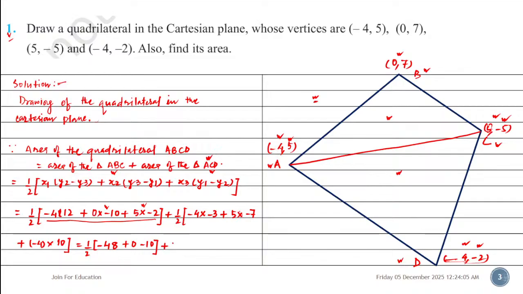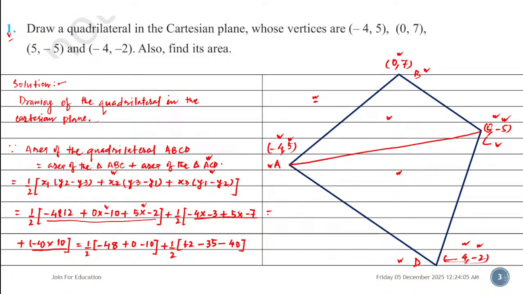Plus 1 by 2 and for this part -12, minus minus plus, so here it will be 12, and this one will be -35, and this one will be -40. No problem up to this step.